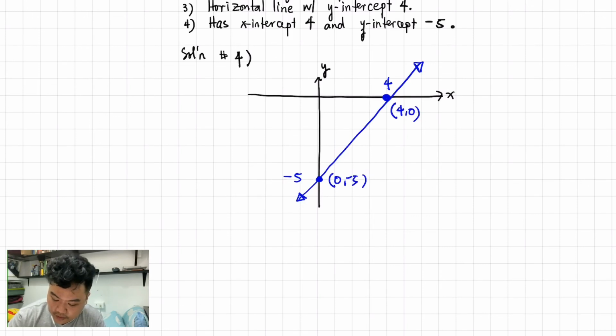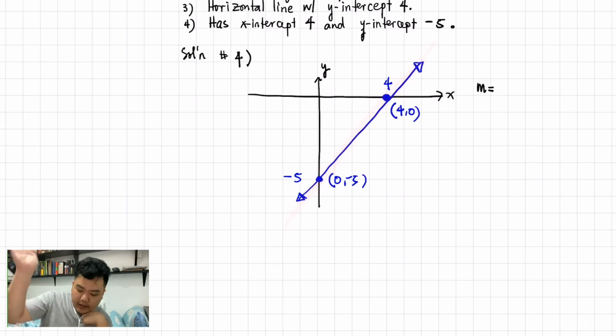So let's compute for the slope. Okay, by the way, what's the slope that we are expecting? Is it 0, positive, negative, or undefined? Okay, so your line looks like this, something pointing to the right or upward. So the slope that we are expecting is positive.